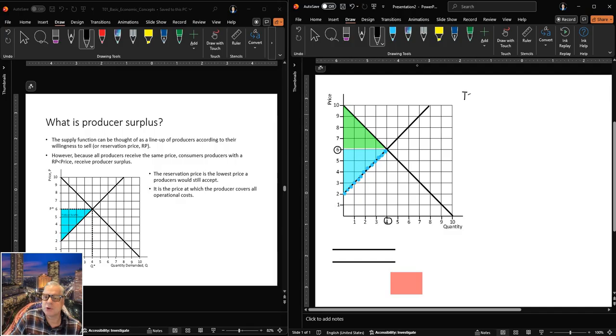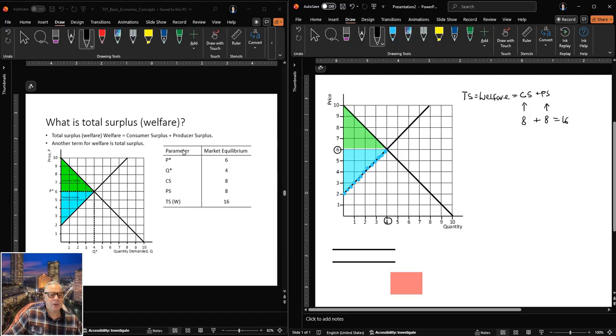So total surplus or welfare is equal to consumer surplus plus producer surplus. And we said earlier this consumer surplus is 8, and the producer surplus, this area, is also 8. So 8 plus 8 is 16. Okay, so this is total surplus.